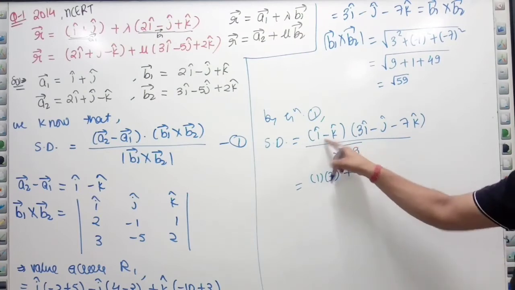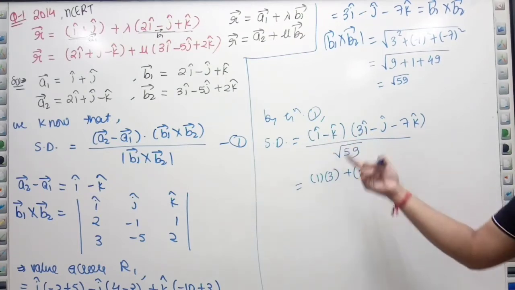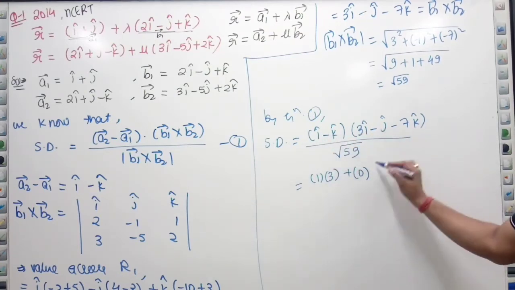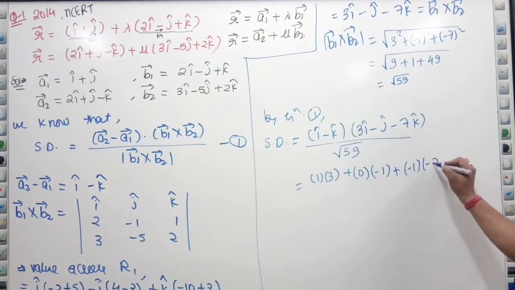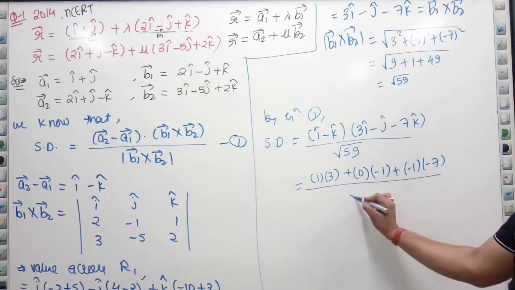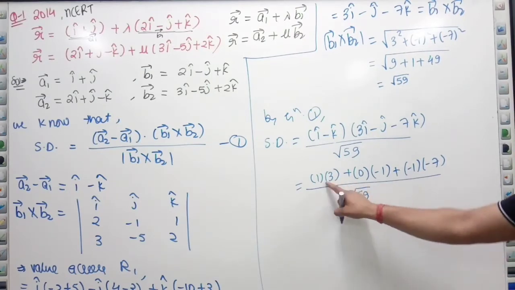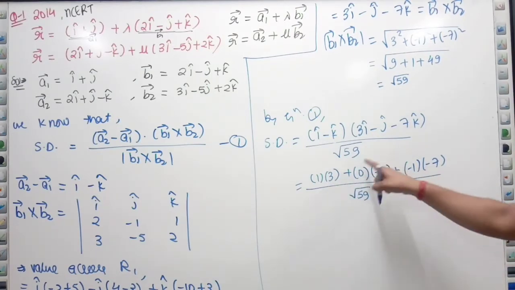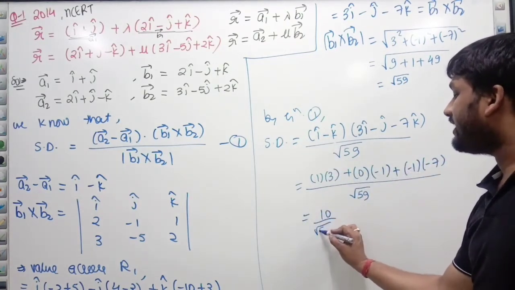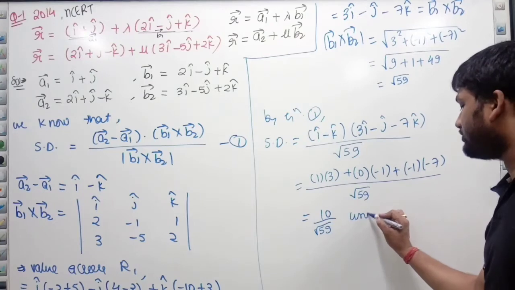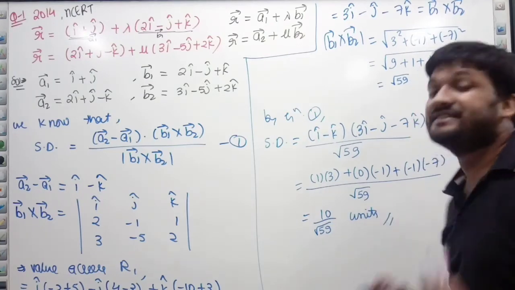The j component is 0, there is nothing, so 0. And the k component is minus 1 times minus 7. So this is 3, this is 7, j gives 0, 3 plus 7 is 10, 10 upon under root 59. And please write units, writing units is very important. And this is the answer.